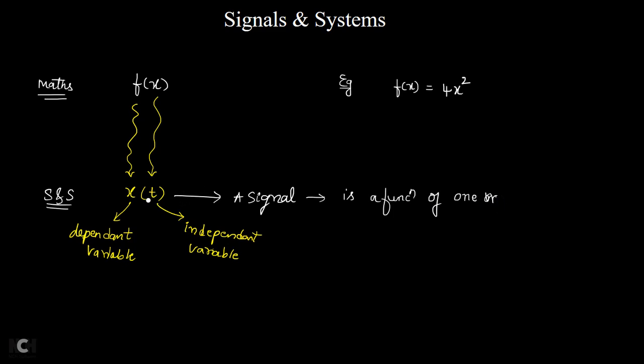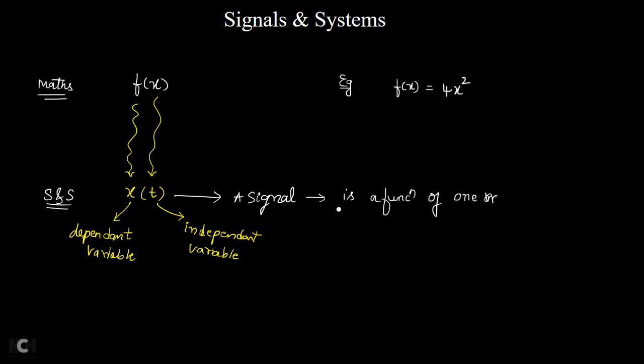See here in the example I have given that x depends on only the t variable, but x can also depend on some other variables also. So it need not be only one variable on which x depends, but x can also depend on two variables, three variables, like that.